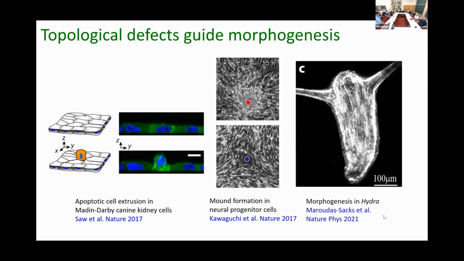And in this final example, which we're going to focus on later, the defects seem to govern and coincide with topological features. We're going to see that the head, foot, and tentacles seem to be at defect locations. This is ultimately where we're going.